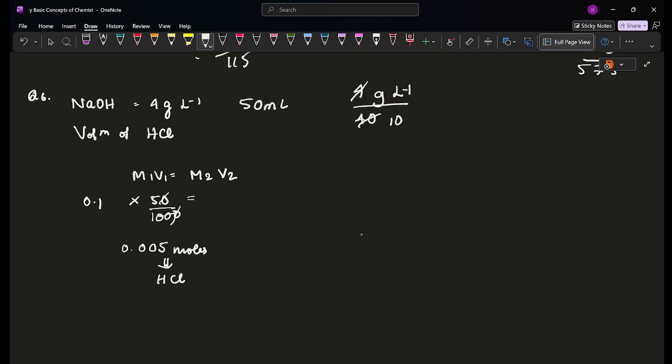So probably they've done it like this: 22.4 liters for 1 mole. Then for 0.005 mole, how much is the volume? And they require it in ml, so we're going to do this.